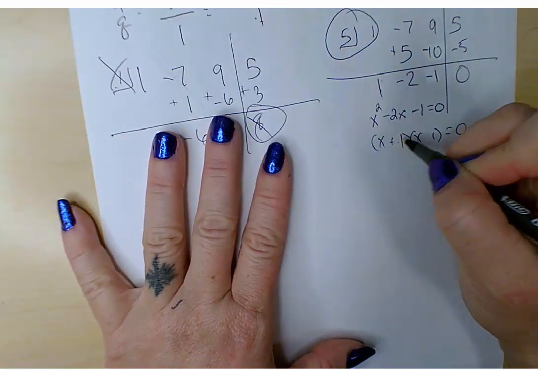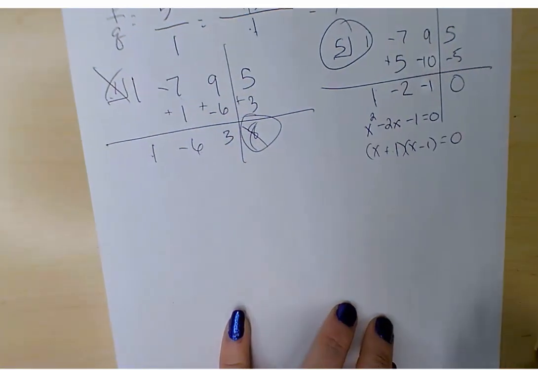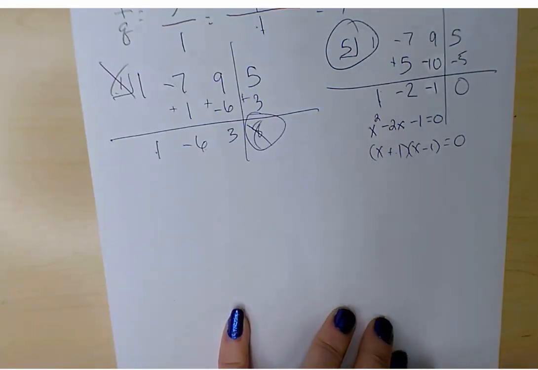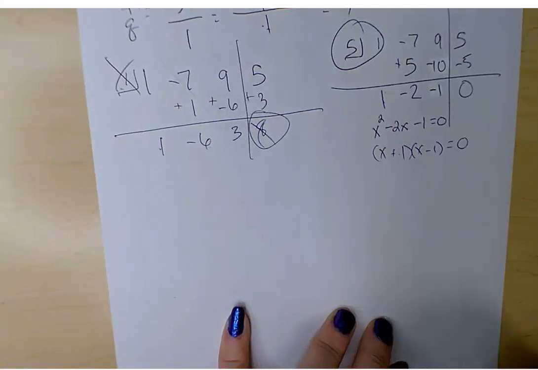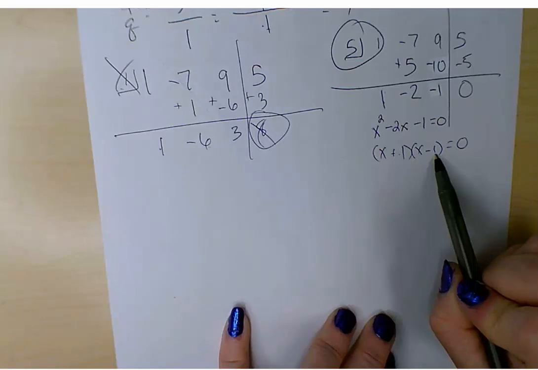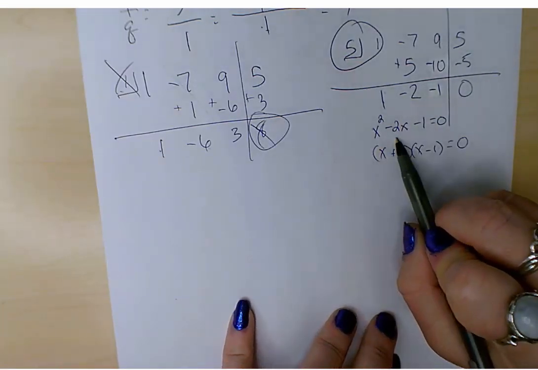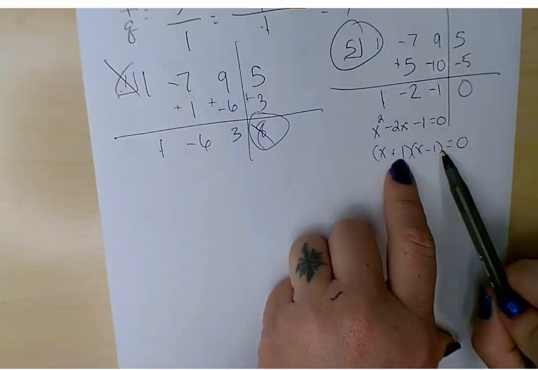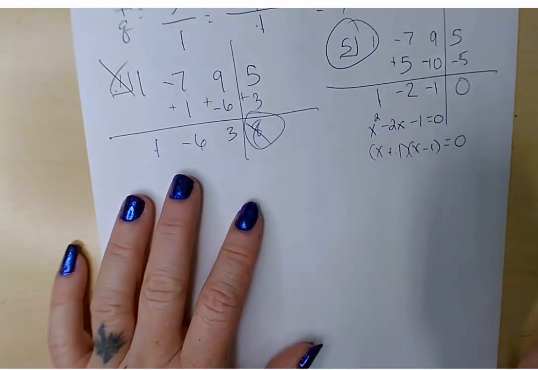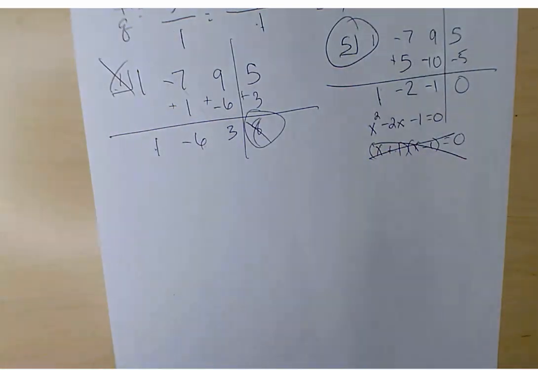All right, so technically it does not really matter in this situation which one has a plus, which one has the minus. But if we double check this, positive 1 times negative 1 is a negative 1. But positive 1 plus negative 1 is a 0. We should be getting a 2 when we do that. They should multiply to get the last, add or subtract to get the middle. That is not working out here. This problem is actually not factorable.